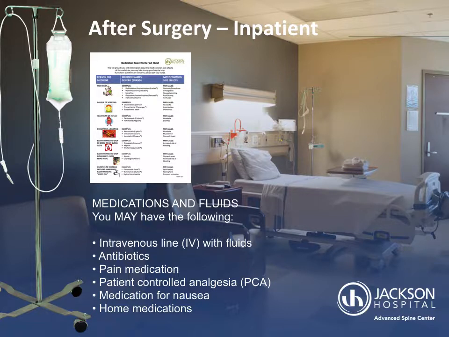The nursing staff will educate you on the potential side effects of the medications you take. Your surgeon and anesthesiologist will order the appropriate medications for your recovery. You'll continue intravenous IV fluids until you're eating and drinking well, and you'll begin taking a stool softener to prevent constipation. Be sure to ask questions if you're unsure of what a medication is or why you're taking it.